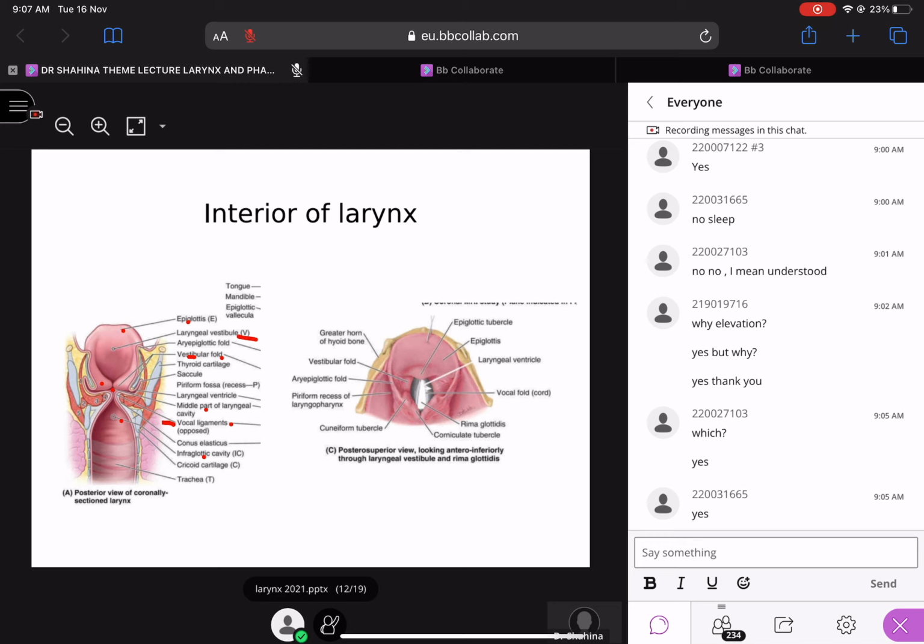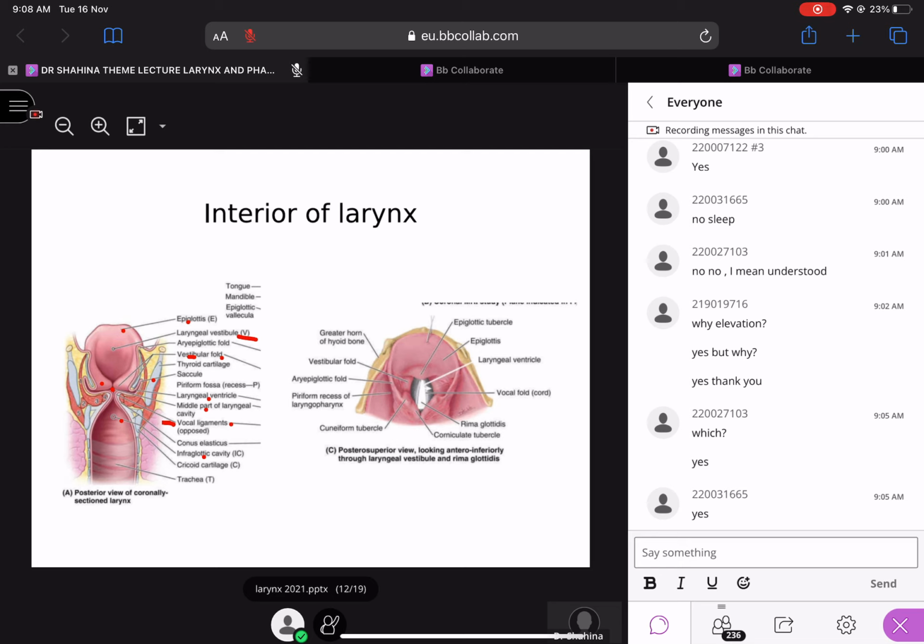So now the interior of the larynx is divided into three parts. Now we'll come to the ventricle. In the ventricle you will see the gap between the vestibular fold above and the vocal folds below. This is the anterior extension of the ventricle, between, you can see, the thyroid cartilage. It is extending anteriorly here. So this is called the laryngeal ventricle. Now this area is provided with numerous mucous glands.